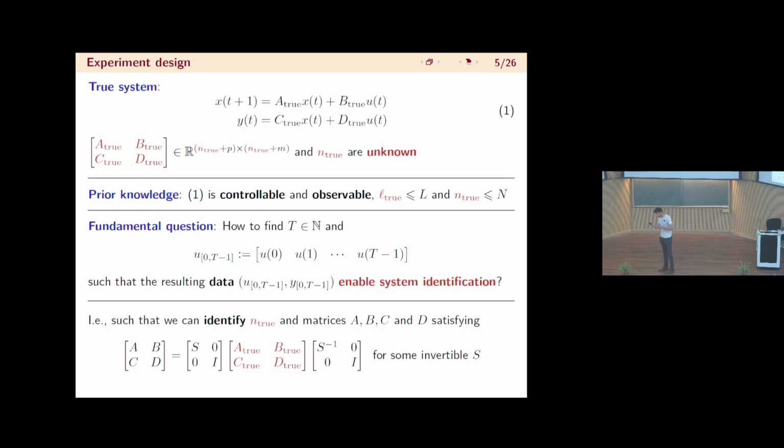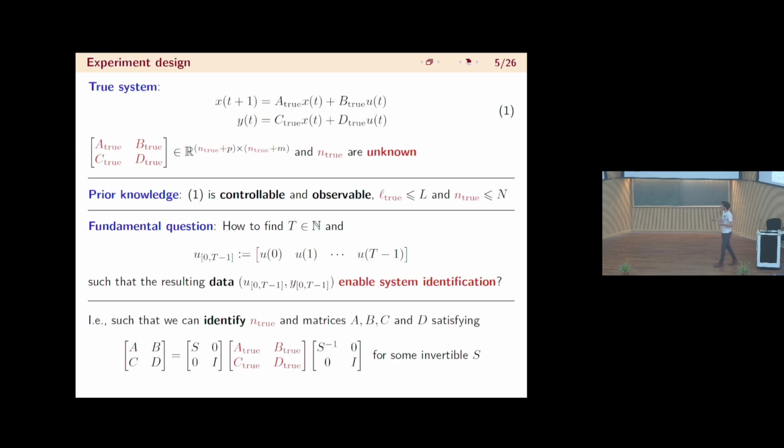So you know that this L true is strictly smaller than capital N. Then you can incorporate that extra prior knowledge using this capital L. Yeah, indeed. Are there any other questions? No? Okay.